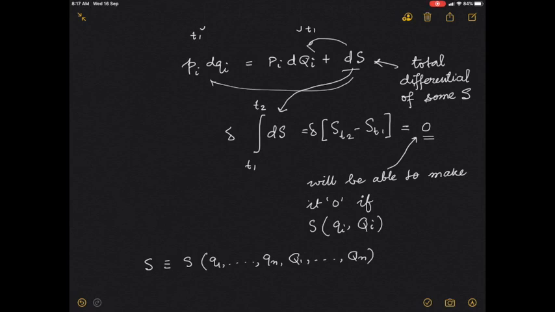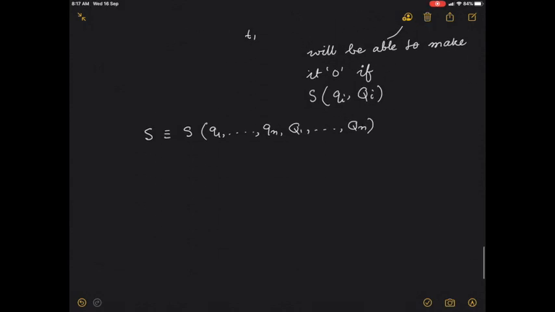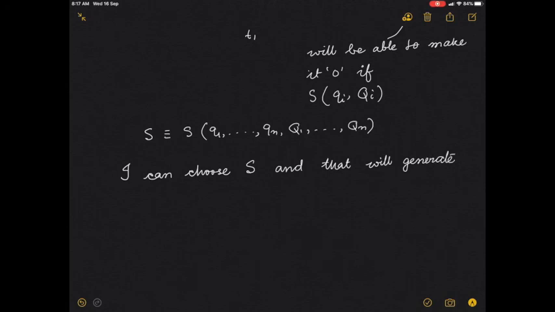So now what I can do is I can choose my S, and that will generate a transformation of the coordinates. So I can choose S, and that will generate a transformation of canonical nature.